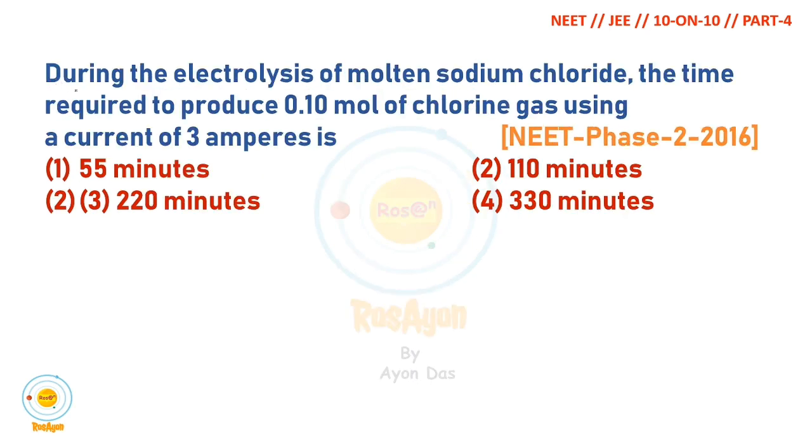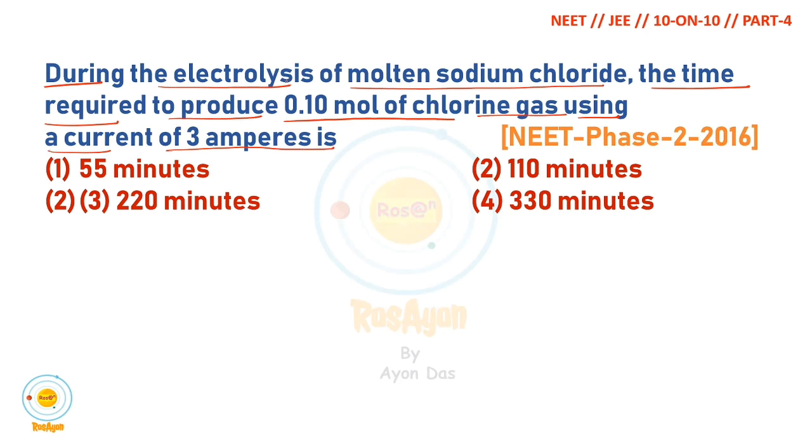Okay, see the second problem. During the electrolysis of molten sodium chloride, the time required to produce 0.10 mole chlorine gas using a current of 3 ampere is.